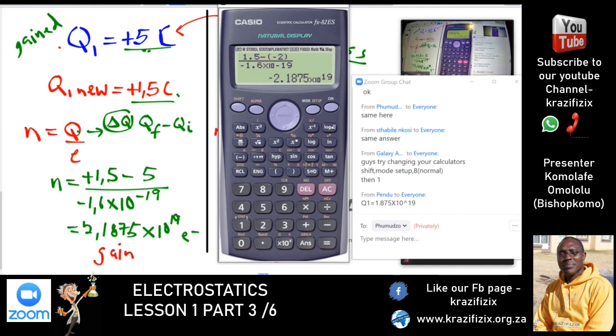In fact, can you see my screen? I'm actually trying to zoom there. I don't know if it's visible. That's my calculator there.